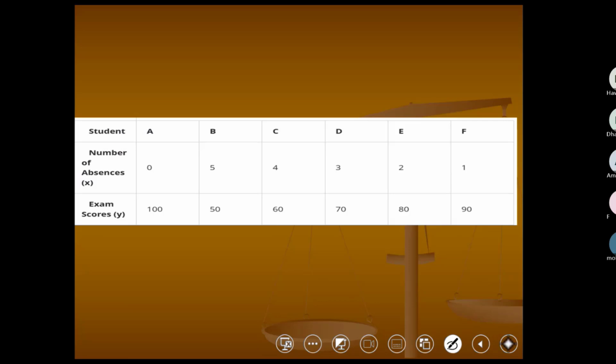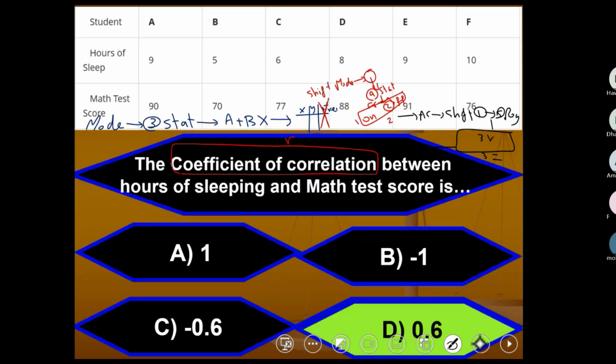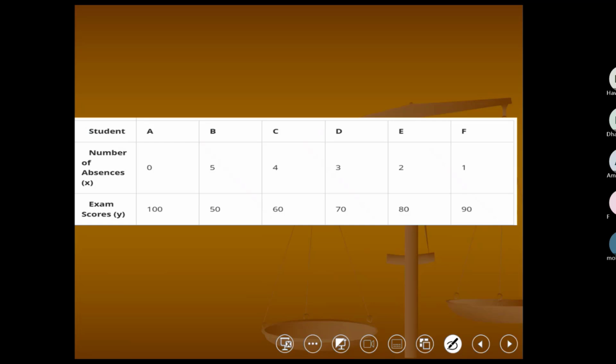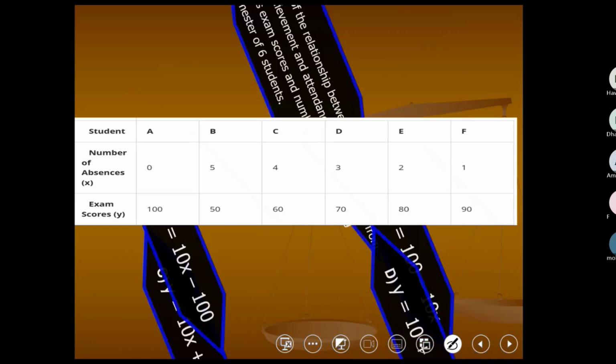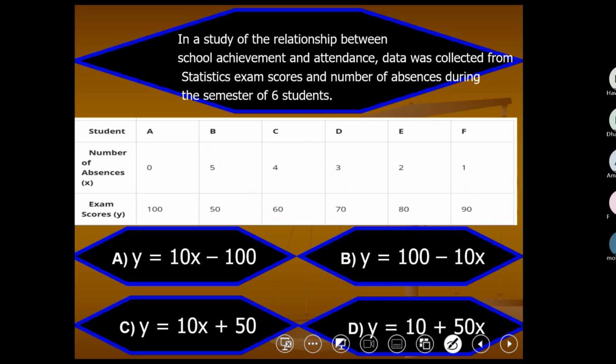Now, I think we use different data. Do you have your calculator? This time, you are going to find the linear regression equation. So which one is the right one? Again, go for mode, number 3, stats, go for A plus BX. Now you will have 2 columns because you deactivated the 3rd column. Input your data one by one.